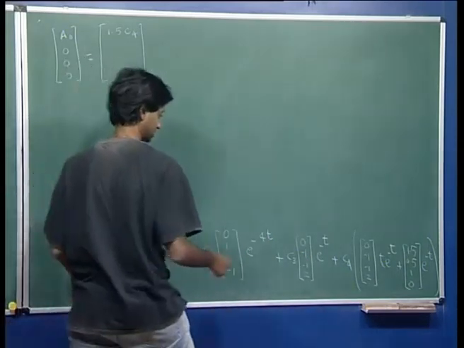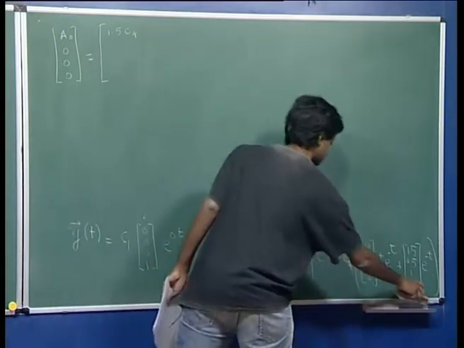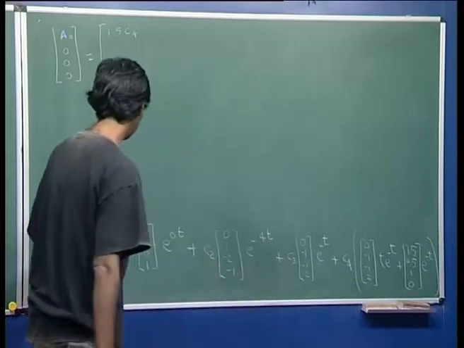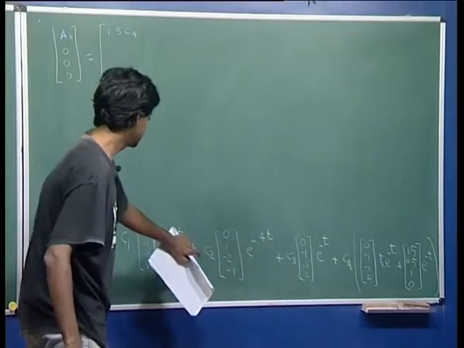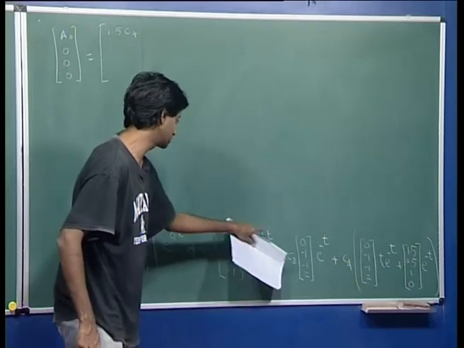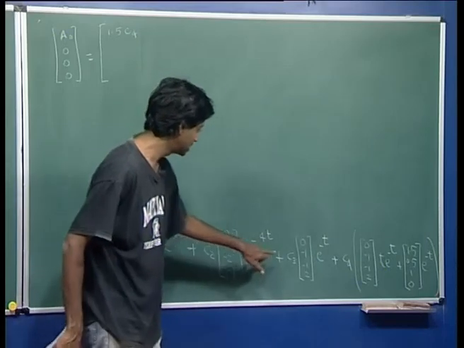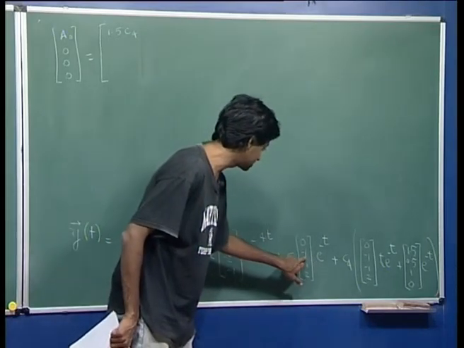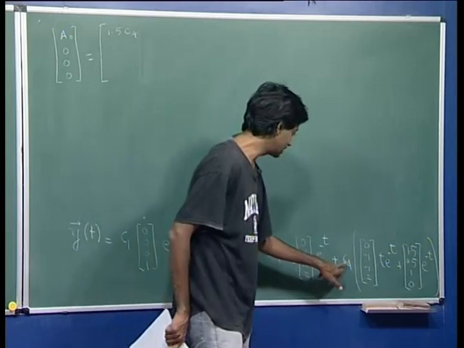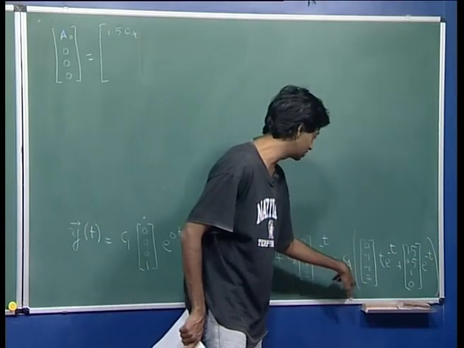So what I will get here is, I need some more space. The second term I will get 0 from here, C2 times 1, and since we put t equal to 0, this term gives me 1. So, C2 times 1, and here I will get C3 times minus 1. Here I will get C4 times, now this term will go to 0 because when t equal to 0, this whole term goes to 0.